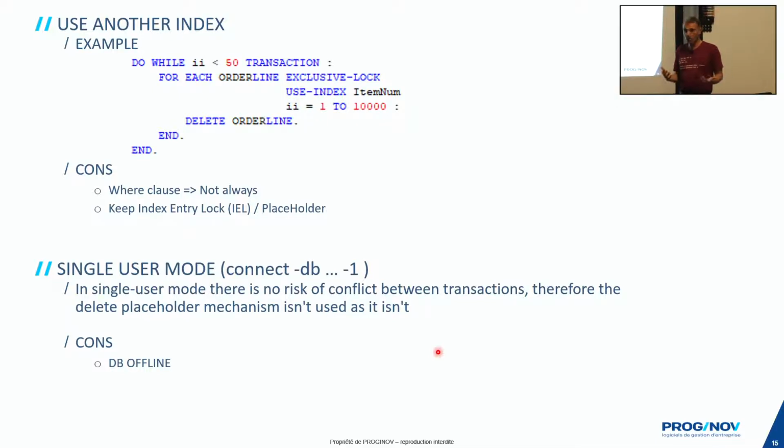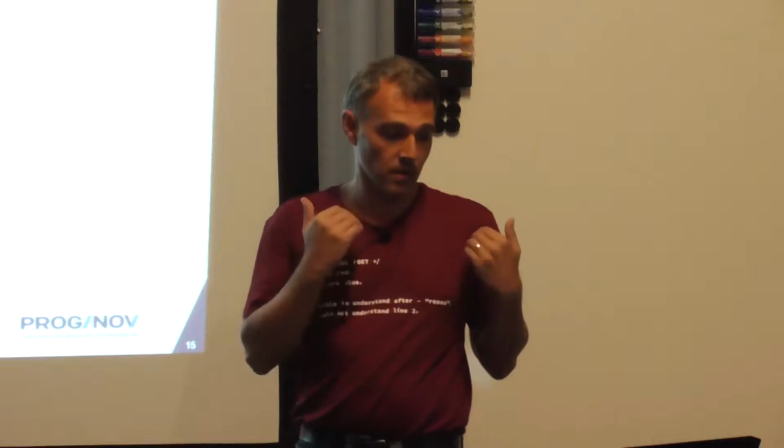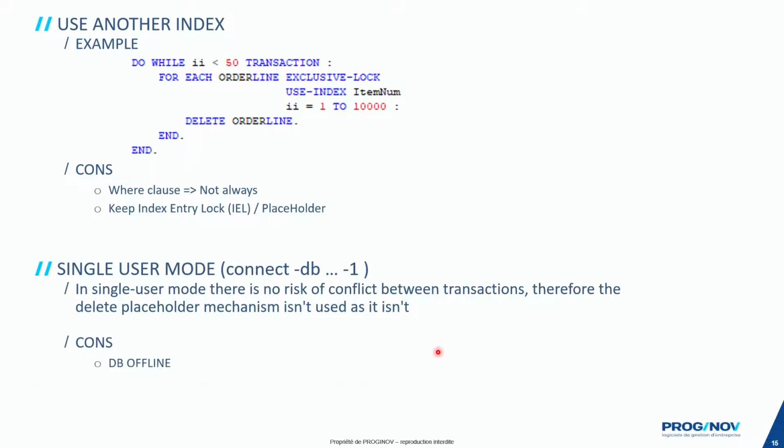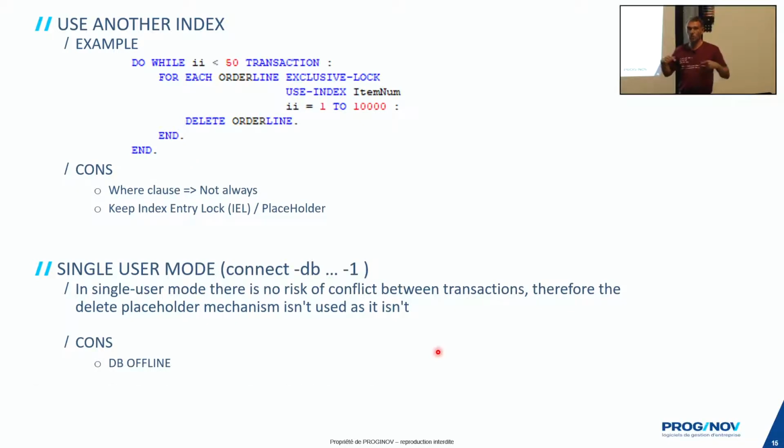If I want to delete all my order lines with order name less than 3 million, for example, and I'm using item name, which is based on the field item, with a packet size of 10,000, I will reread all the orders with order name above 3 million. So I will read and reread the same set of data, and it will take a long time. So we have to find something else in this case.